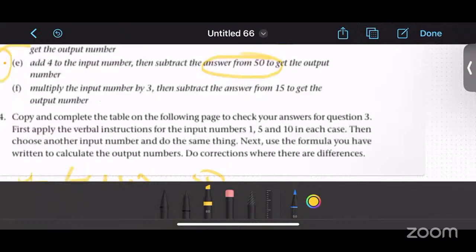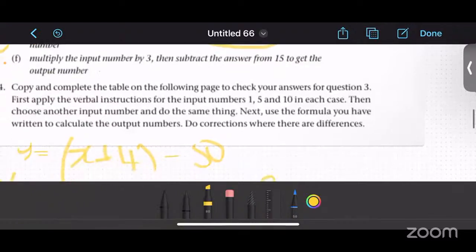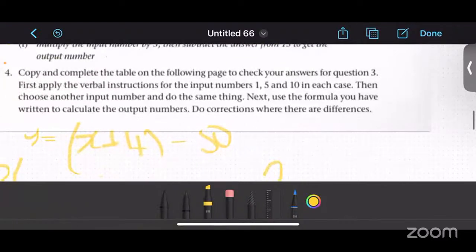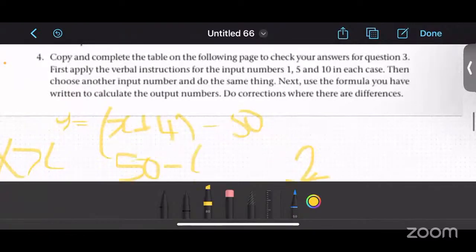It's 50 minus bracket x plus 4. Yes, so this is going to be the correct answer. The answer being subtracted from 50 is the one over here.